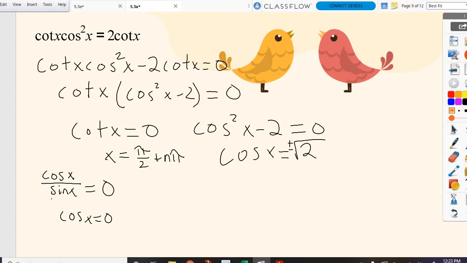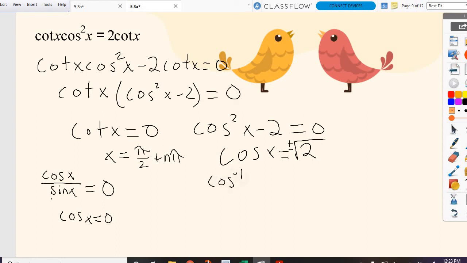Is it the reciprocal? Those don't undo each other. Negative cosine? Almost. Nope. What undoes cosine if I take it to both sides?